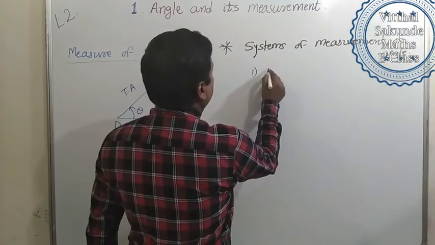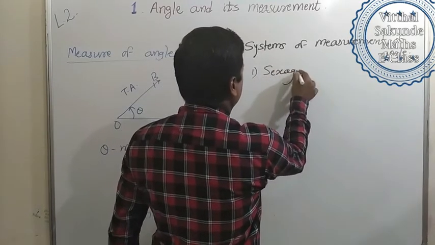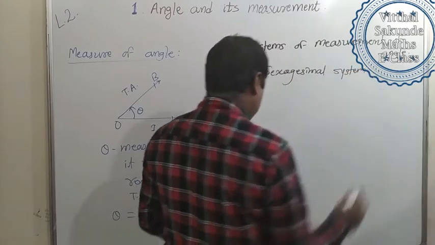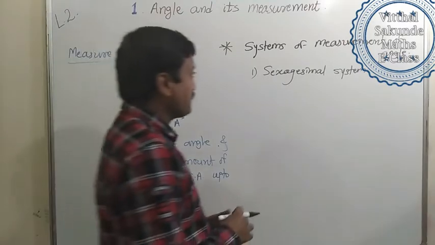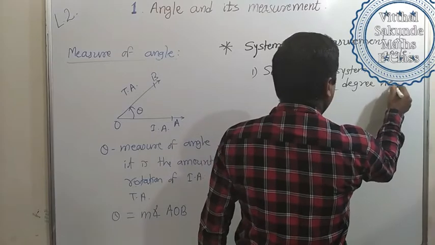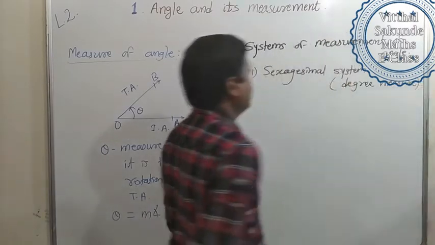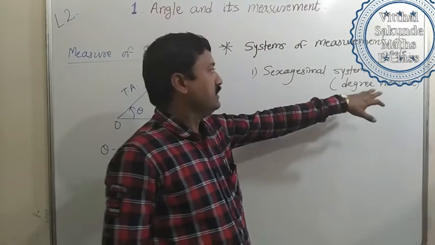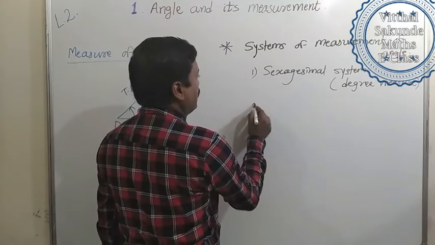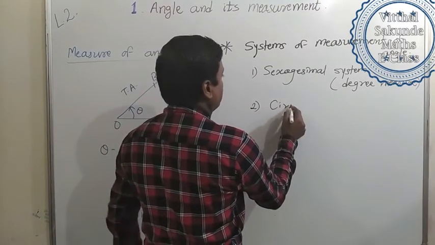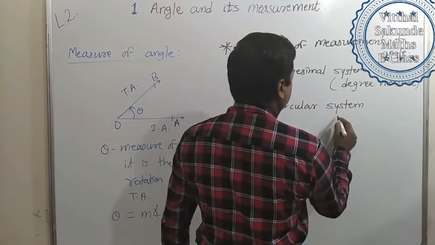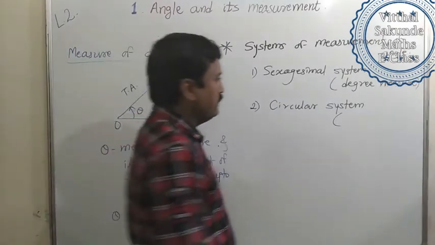One is the sexagesimal system, also called the degree measure system. It means the measure of angle is measured in terms of degree, or degree is the unit of measurement of that angle. And the second system is the circular system. In this system, the measure is said to be radian measure.